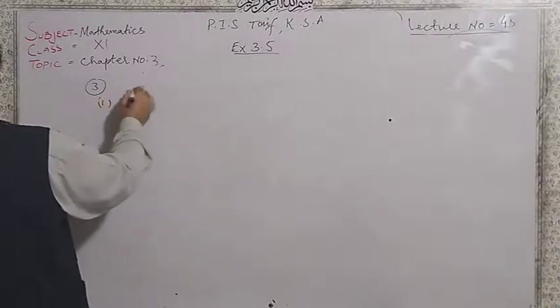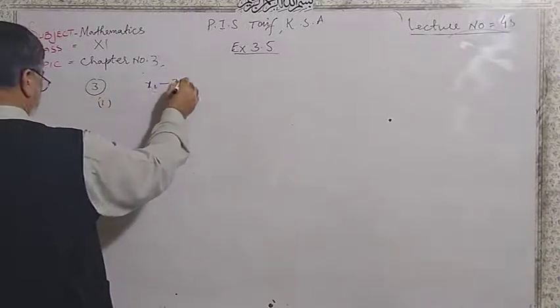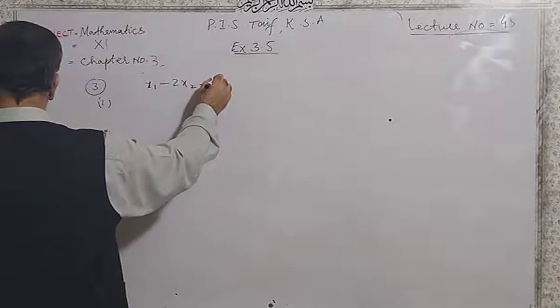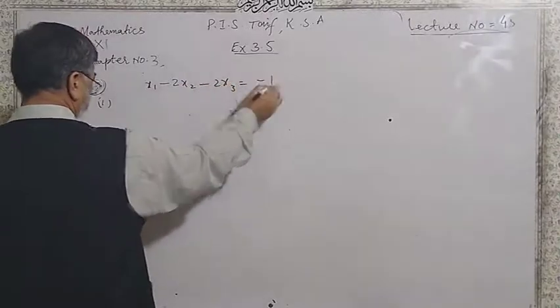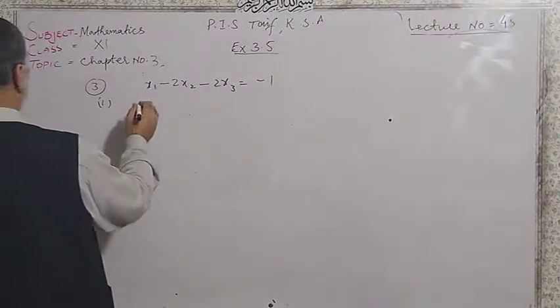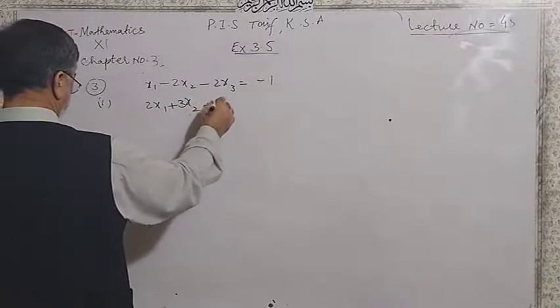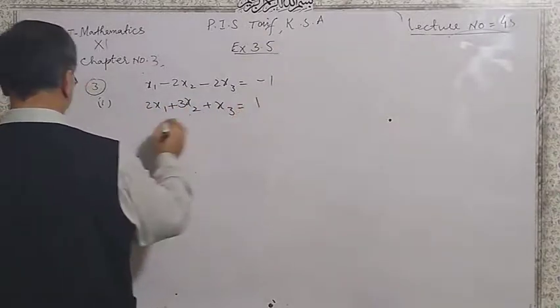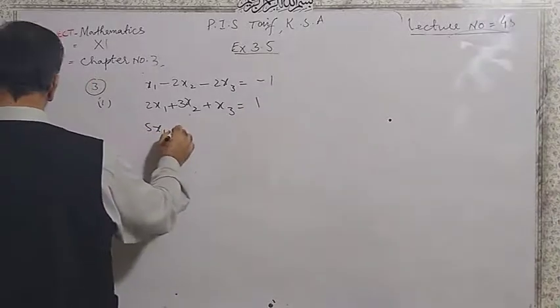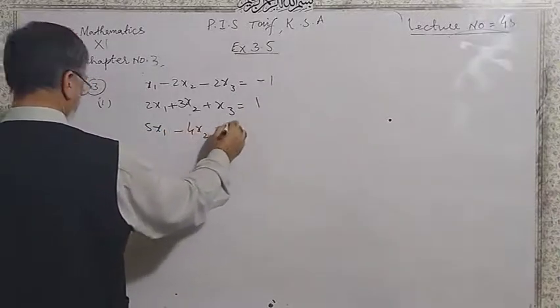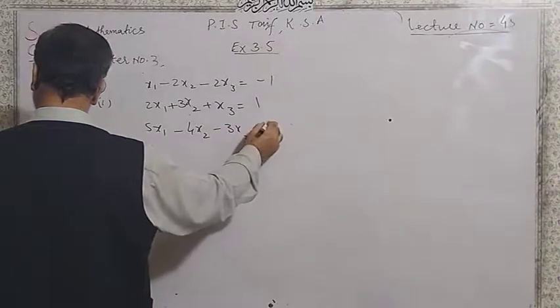Number 1 is x1 minus 2x2 minus 2x3 is equal to minus 1. 2x1 plus 3x2 plus x3 is equal to 1. 5x1 minus 4x2 minus 3x3 is equal to 1.